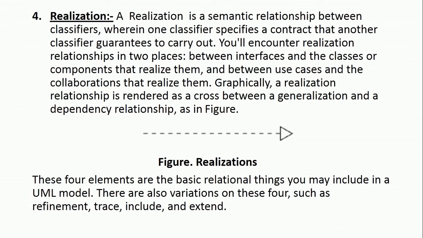So we can say that a realization relationship is a relationship between two model elements in which one model element, the client, realizes or implements or executes the behavior that the other model element specifies, and the other model element may be the supplier. Okay.